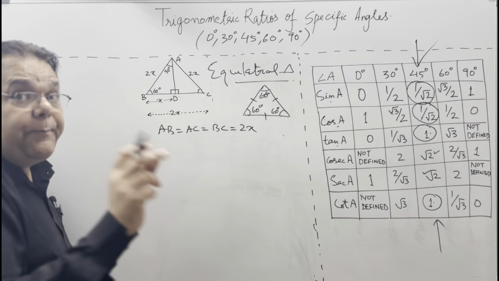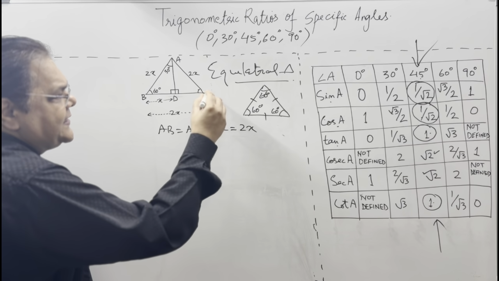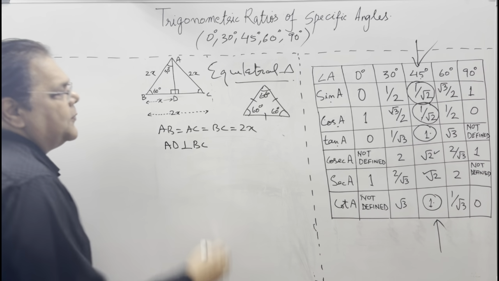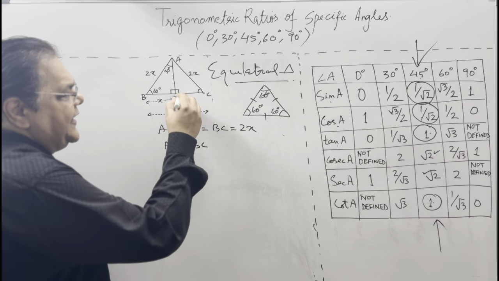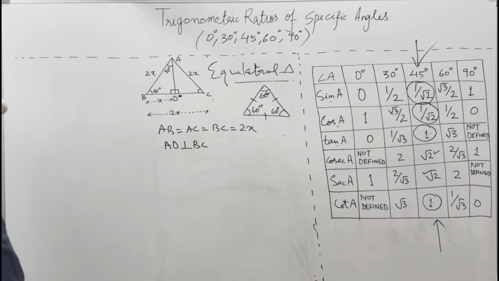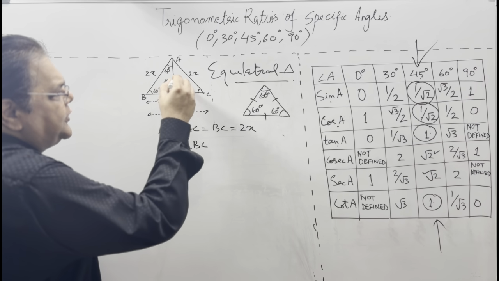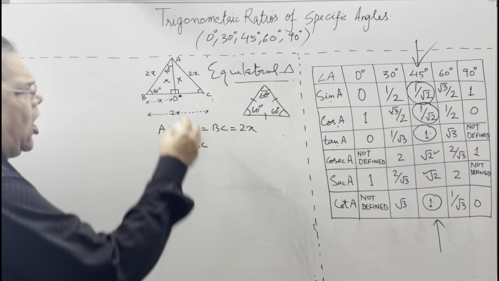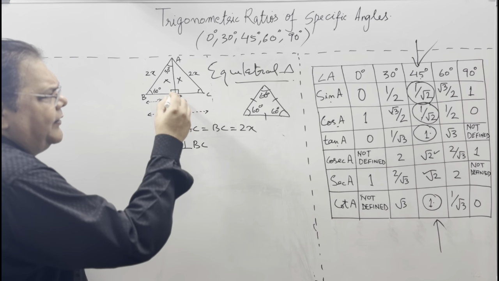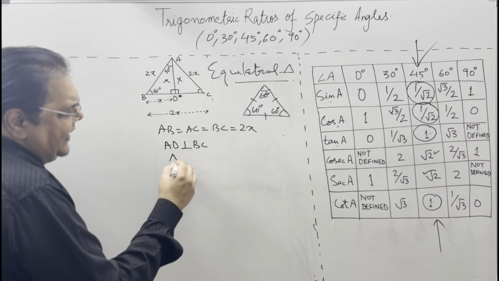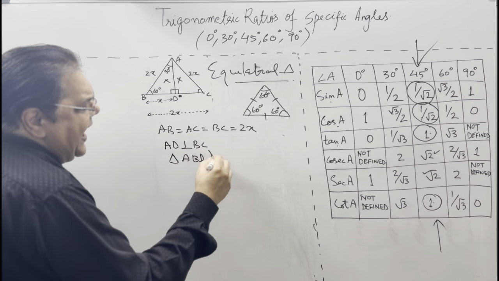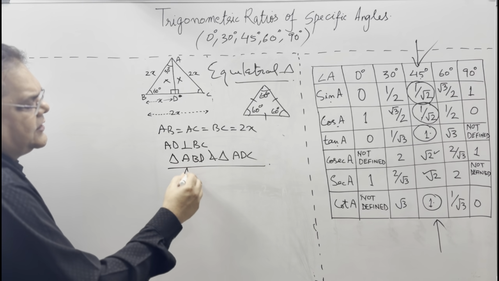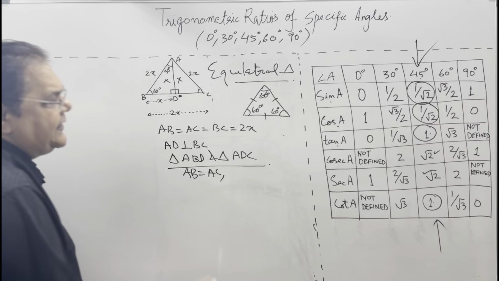We have drawn a perpendicular from A to BC at D. Now, these two triangles can be proved as congruent triangles, because once you draw the perpendicular, if you consider triangle ABD and triangle ADC, you find AB is equal to AC, it's already given.